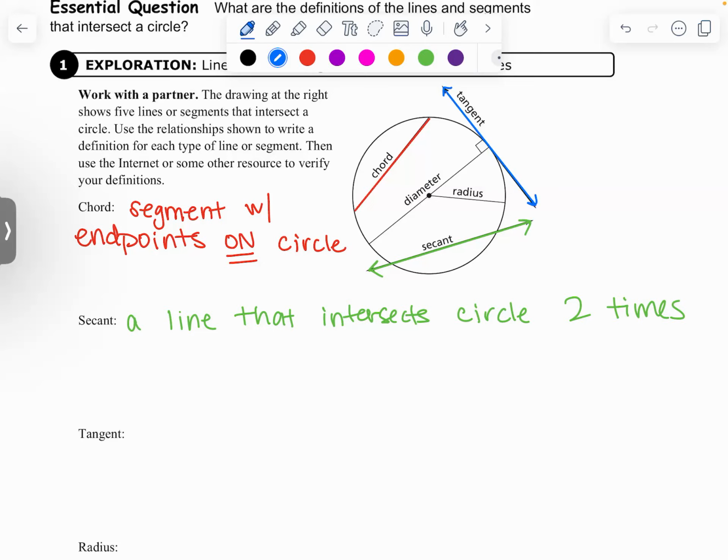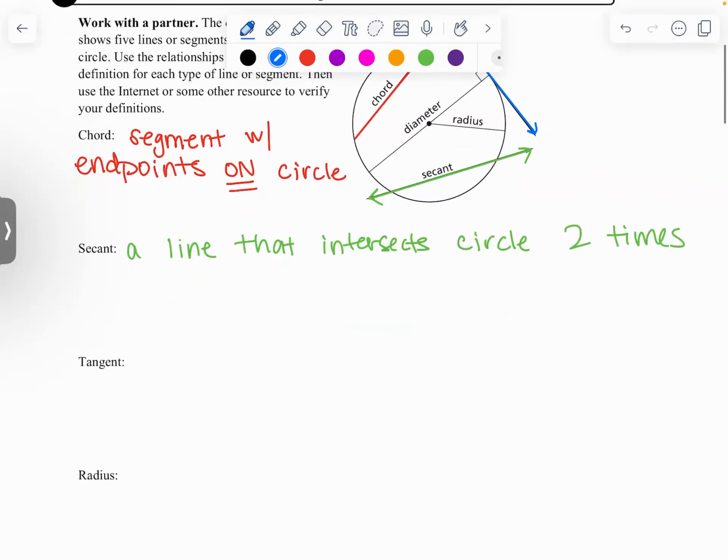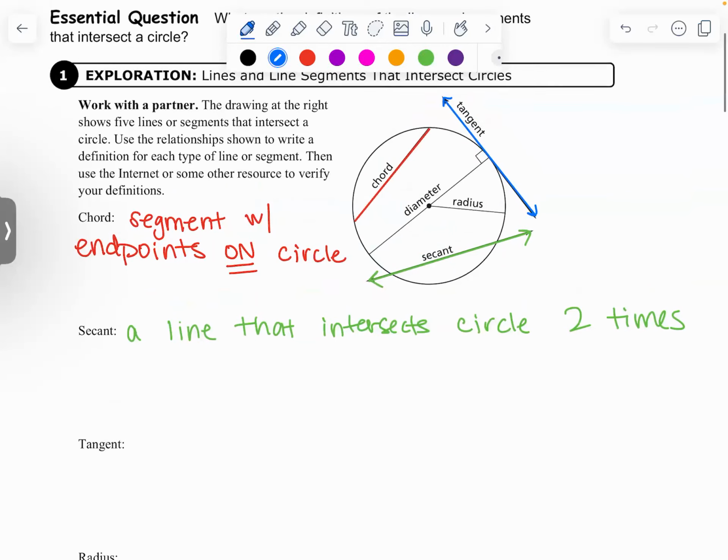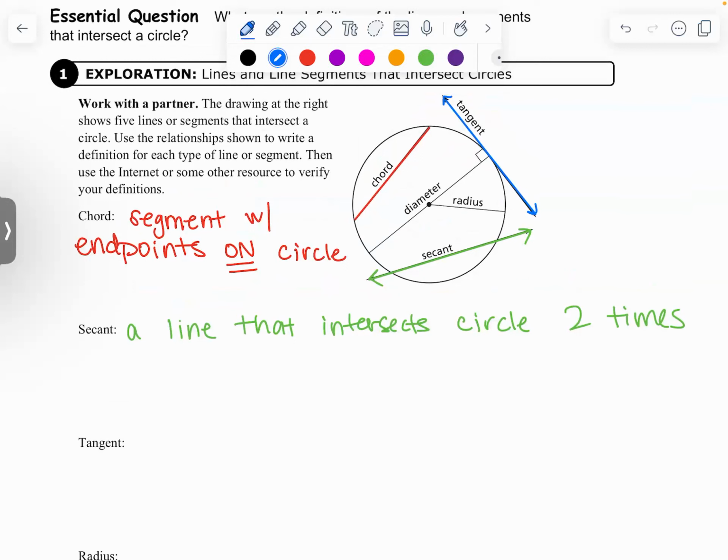Okay, find the tangent. What is the tangent? What do you think? A tangent makes it immediately equal to the diameter. Okay, that is something that we will talk about later. That is true. But let's ignore everything else besides the circle and the tangent. Look how long it is on the side. So it's a line, right?